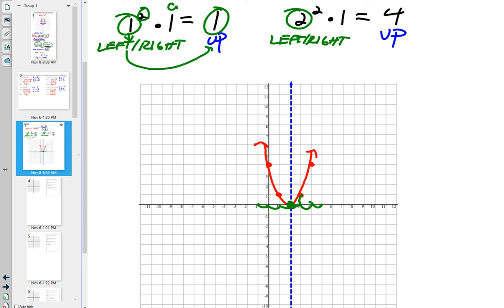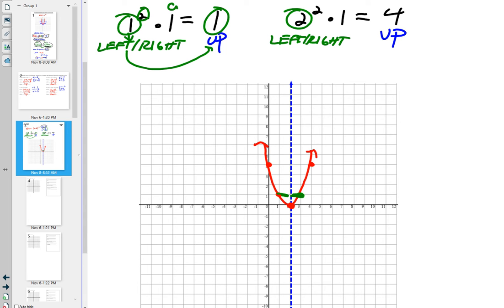I put a point. Once I put that point there, since this is 1 away from the axis, I can just put it 1 away on the axis on the other side.